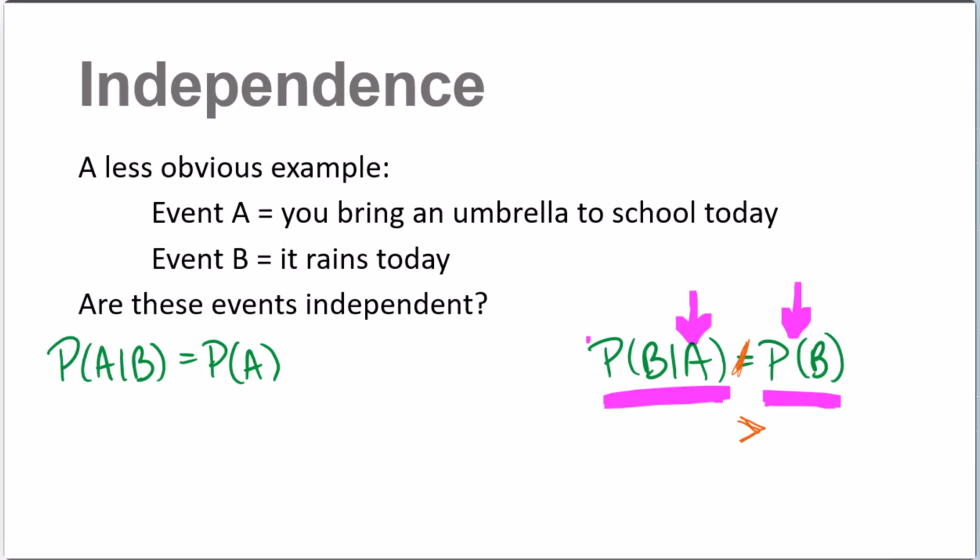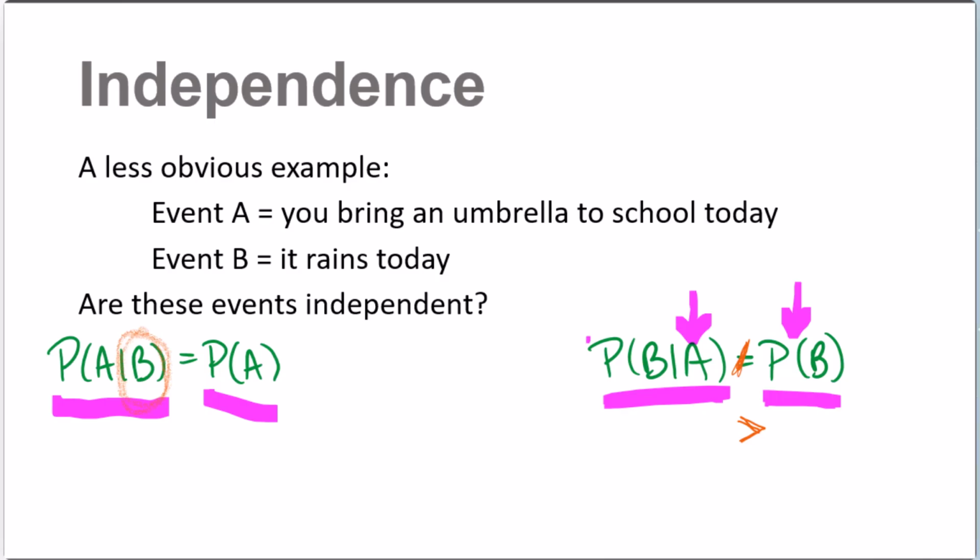In contrast, if I look at the other order, the probability of A, so the probability that I bring an umbrella to school on just any day, versus the probability that I bring an umbrella to school given that it rains today. This conditional probability feels a little strange because me bringing an umbrella to school likely happens before the raining.